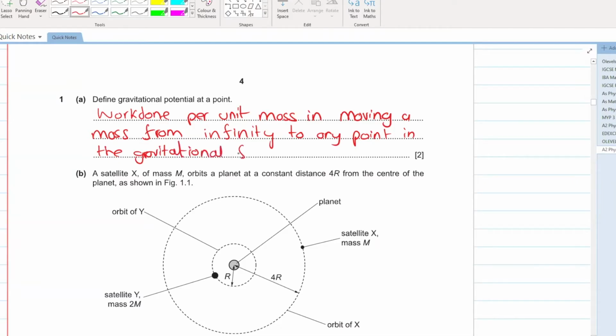Perfect. Nothing complicated. Let's further move ahead.